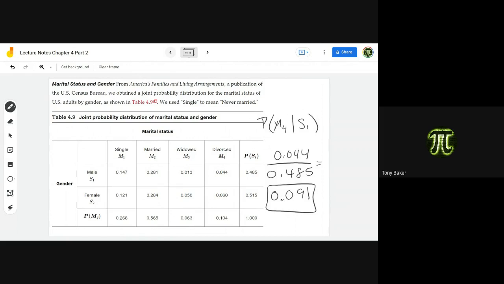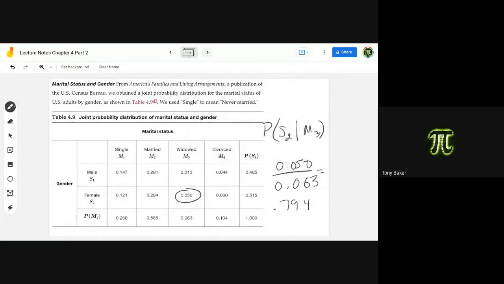It depends on the direction you're asking it. In the first one, it was the number of divorced given they were male. So we were given all the males and we wanted the probability that they were divorced. That's why the males go on the bottom, because that was what we were given to start with. In this one, I said, what is the probability of picking a female given that they are widowed?